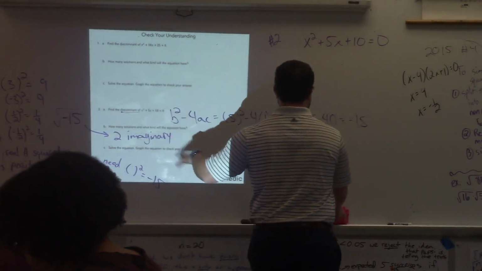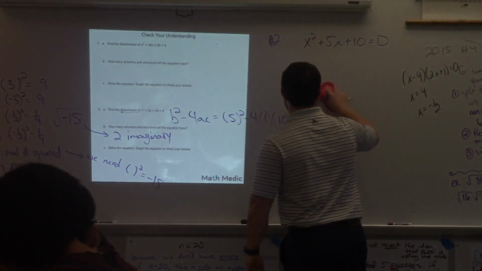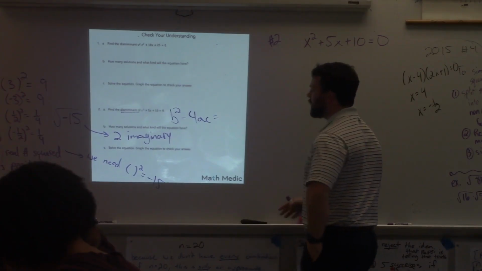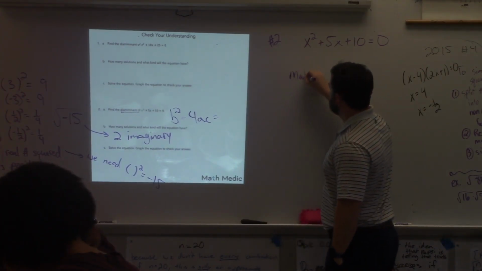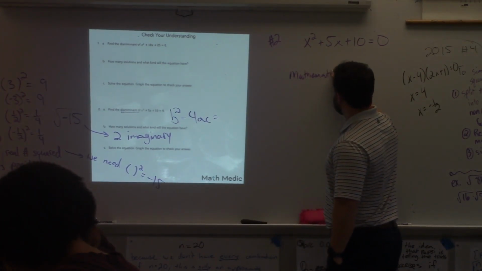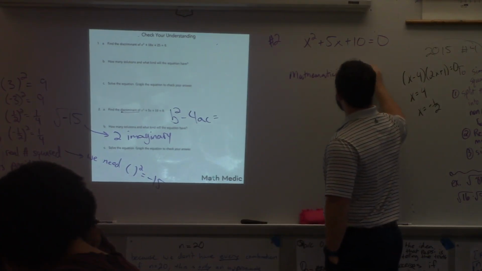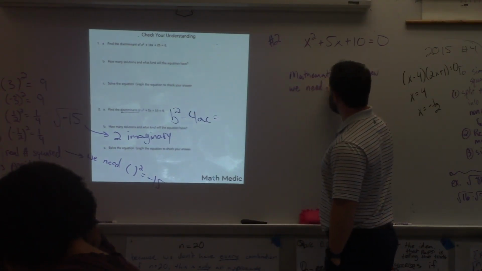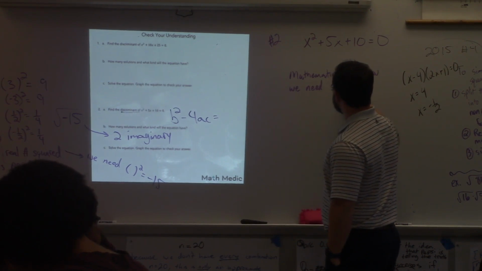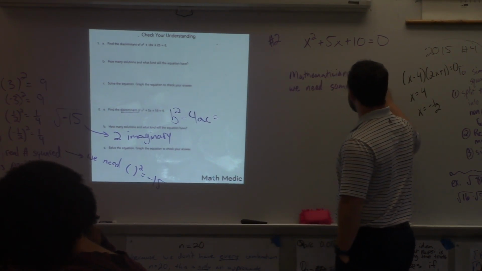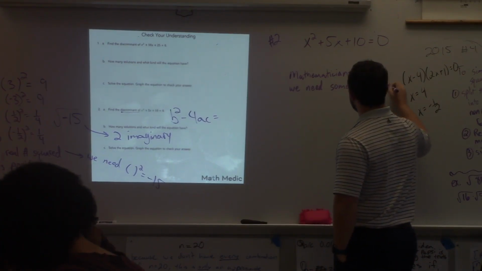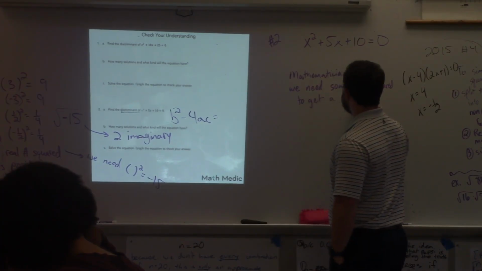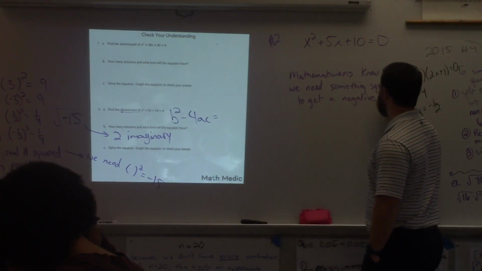This is what you're going to want to make a note of so that you can bring it up later. Here's what we need to be aware of. Mathematicians knew we need something squared to get a negative, and they came up with a solution.